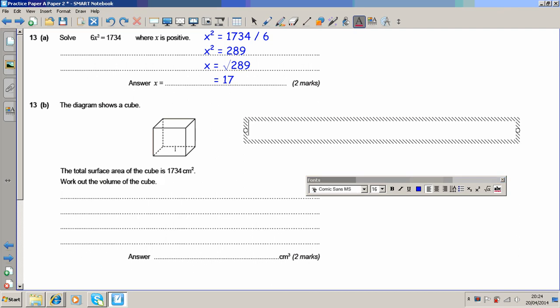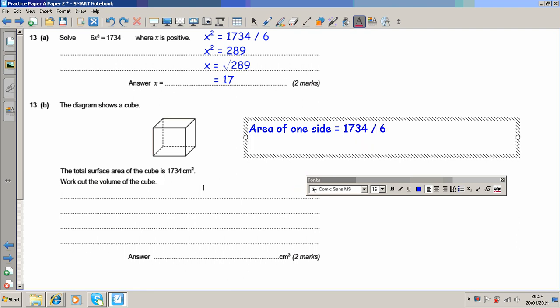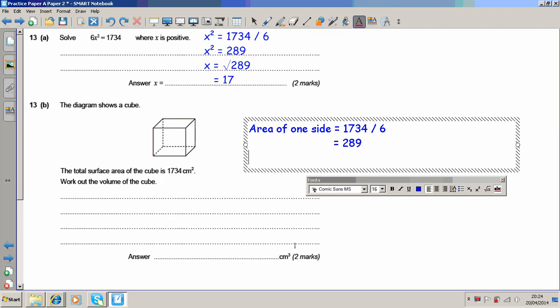Okay, so we've got 6 sides to this, which has got a total surface area of 1734. So area of one side is going to be 1734 divided by 6, because 6 sides. So that's going to equal 289. Hopefully you can see the link now to the question that we've got up there.